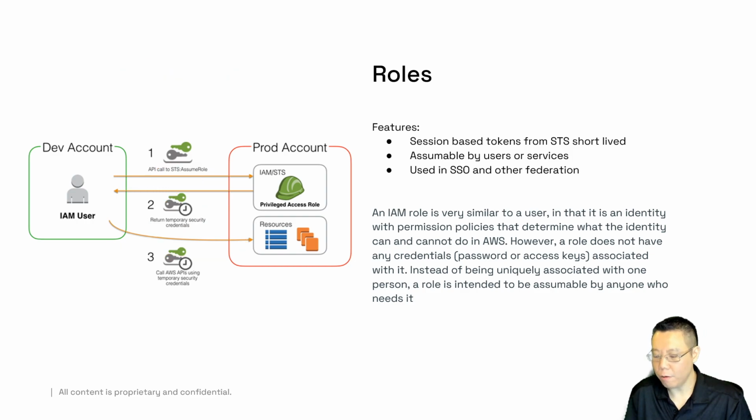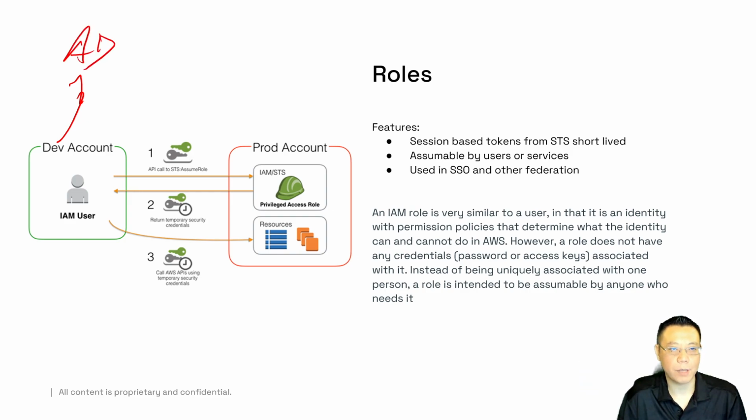Now, when you use federation, when we have Active Directory, for instance, you're assuming a role within the account. So even though you may authenticate to AD, saying I have a username and password for Dennis, and I have the correct password, it's still going to reach out to the IAM and STS API service exposed to the internet, and have a specific trust between AD and your account. Right? There's a trust link.